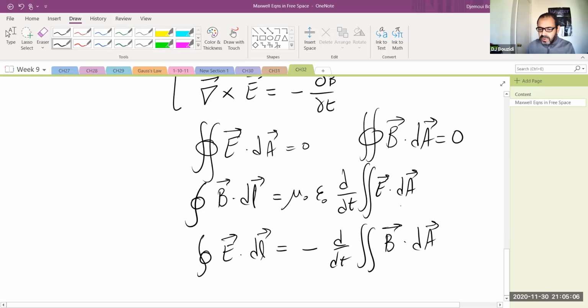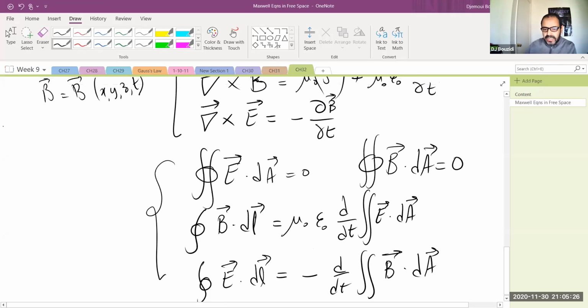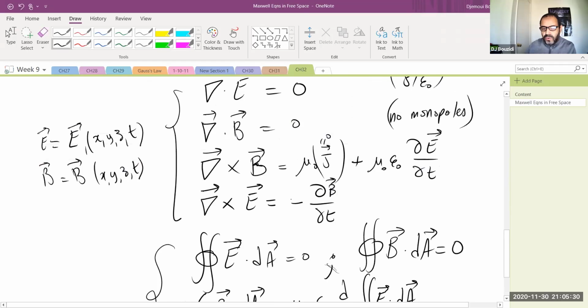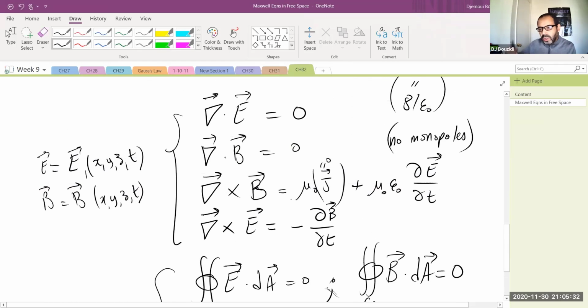Again, for the same reason as before, this becomes just a straight derivative with respect to time, because you sum up all of the magnetic field at the different points of the area, and at the end, the only thing you're left with is a time-dependent factor, so there is no need for partials. So these are the same equations as above, except the last four are written in integral form, and the same four are local in a given point in space. So what we're going to do is the following.